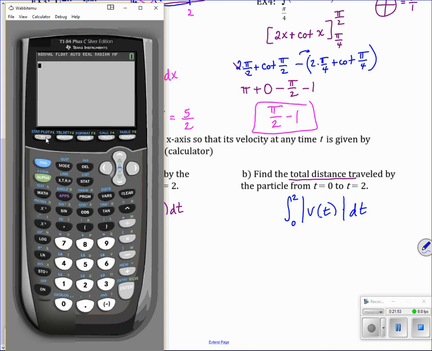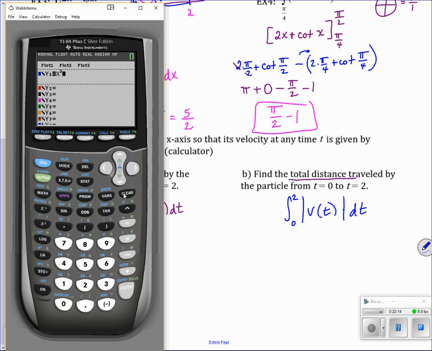So let's go ahead in your y equals, let me clear all this stuff out. In your y equals, let's put the equation. So I'm going to put that velocity equation. Just like it looks on your paper, I'm going to do x's instead of t's.